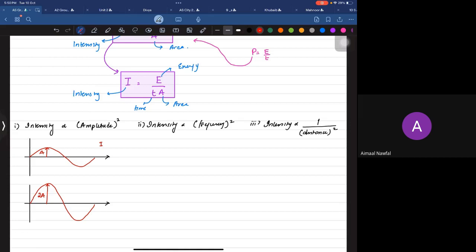So it means the intensity will be 4 times of that. Is it clear?